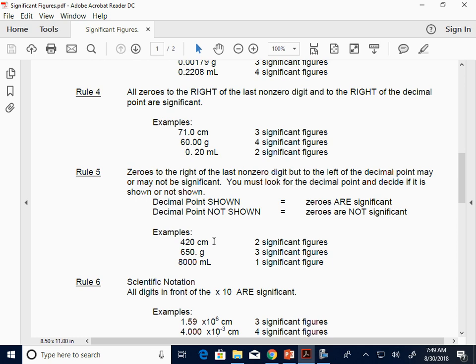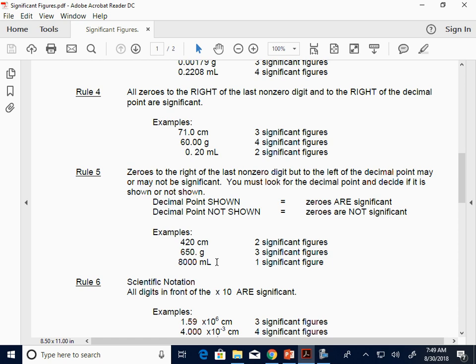So that is 2 sig figs. 650 with the decimal. That decimal says, yes, that 0 is significant. So that is 3 sig figs. If you look at 8,000, the third one, those are back-end zeros with no decimal. Since there is no decimal, those are not significant zeros. That is 1 sig fig, the 8.